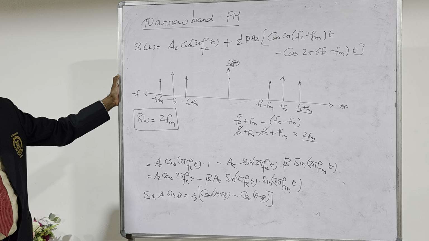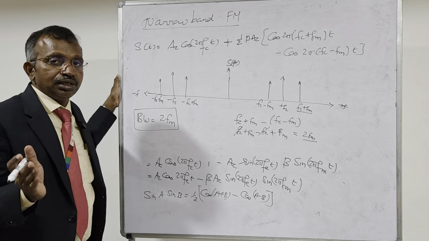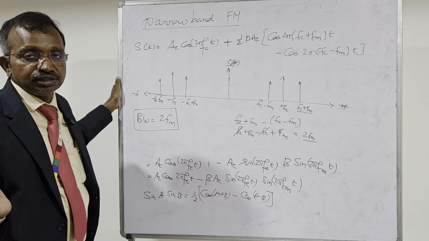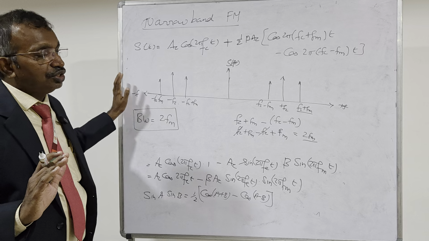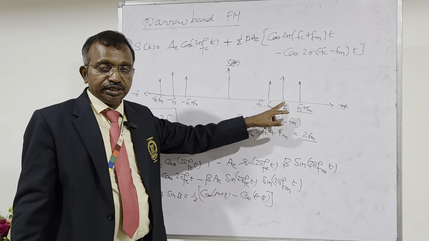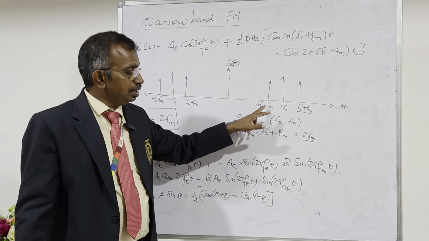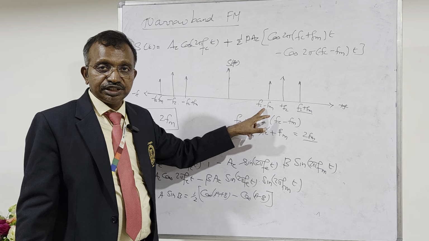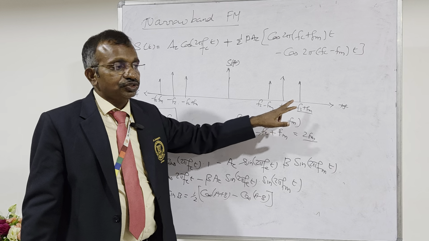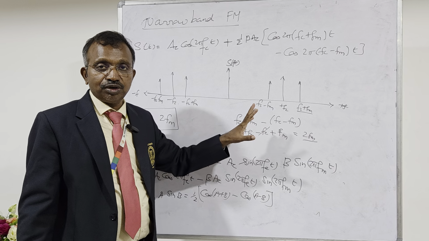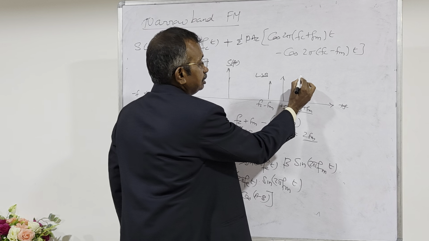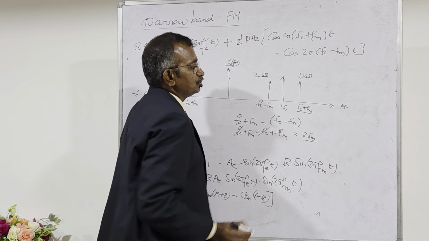When beta is small, it is called a narrowband FM signal. When beta is large, it is called a wideband FM signal. This narrowband FM signal consists of the unmodulated carrier at fc, then a frequency component at fc minus fm, called the lower sideband, LSB, and a frequency component at fc plus fm, called the upper sideband, USB.